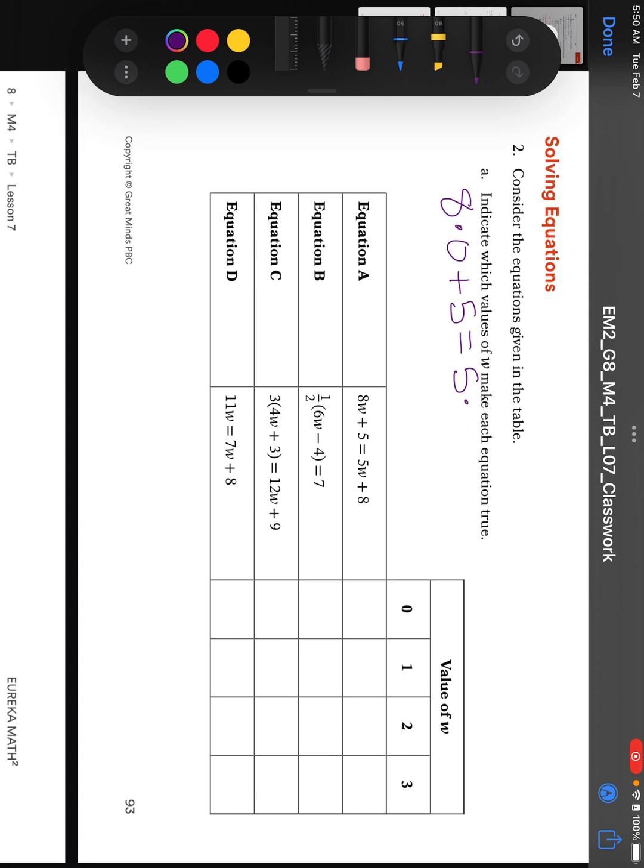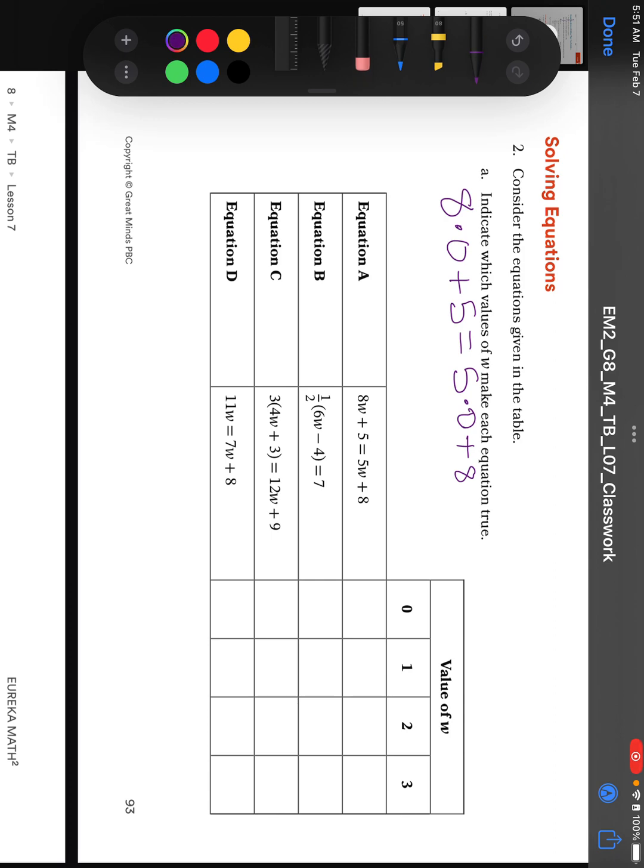And notice how I didn't write 80 and 50, right? Keeping in mind that 8W or 5W, when that variable is right next to a number called a coefficient, that means multiplication.